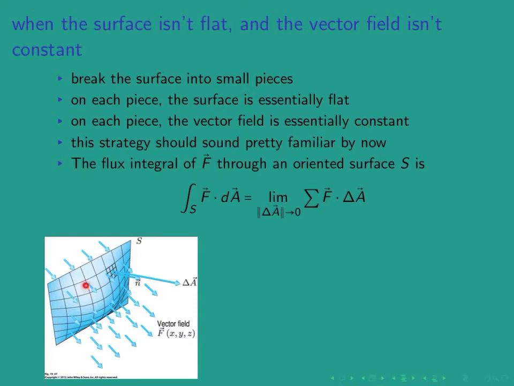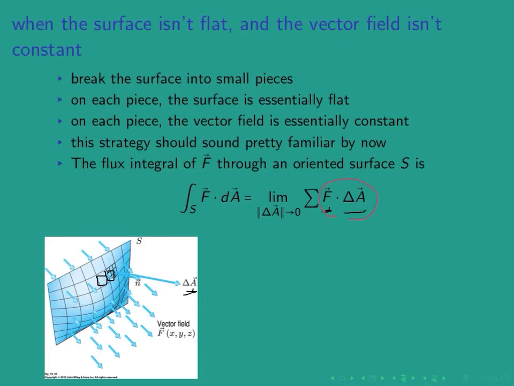And so on this piece, we'll call this piece delta A. So that's that delta A. And if I dot that with the essentially constant vector field on that piece, I get the contribution of one of those small pieces.